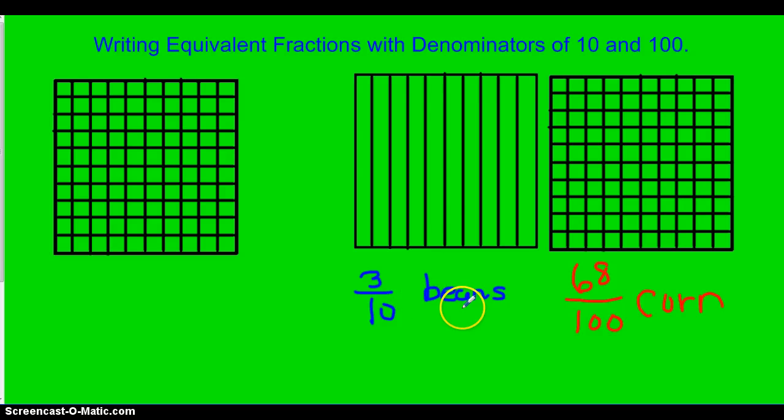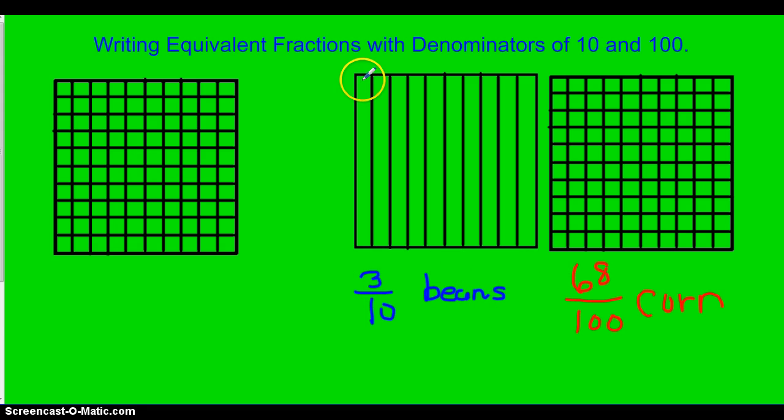So again, let's combine them respectively on the tenths and hundredths and then see what they would be together. Well, I know 3/10 is less than half. I know 68 hundredths is more than half. So we should be getting close to a whole here.